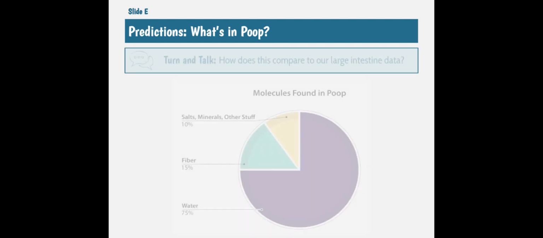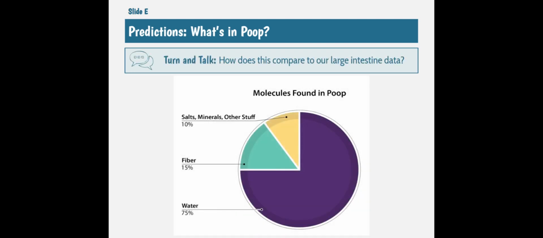All right, make sure you have your separate sheet of paper. And we're going to look at poop. So, at the top of your notebook paper, I want you to write, how does this compare to our large intestine data? So, what is in poop and how does this compare to our large intestine data?